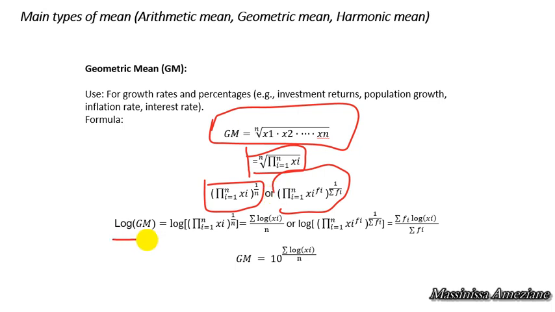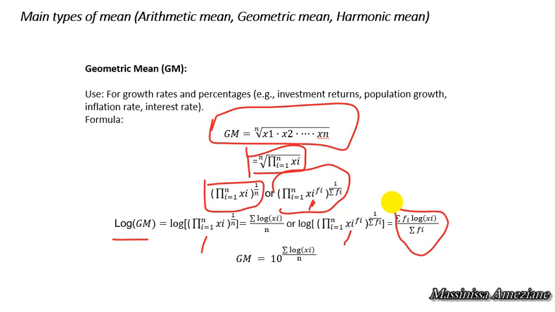So log GM equals the log of this, or the log of this in case you have frequencies. From the properties of the log, we get this formula: log GM is the sum of fi times log xi divided by the sum of fi.